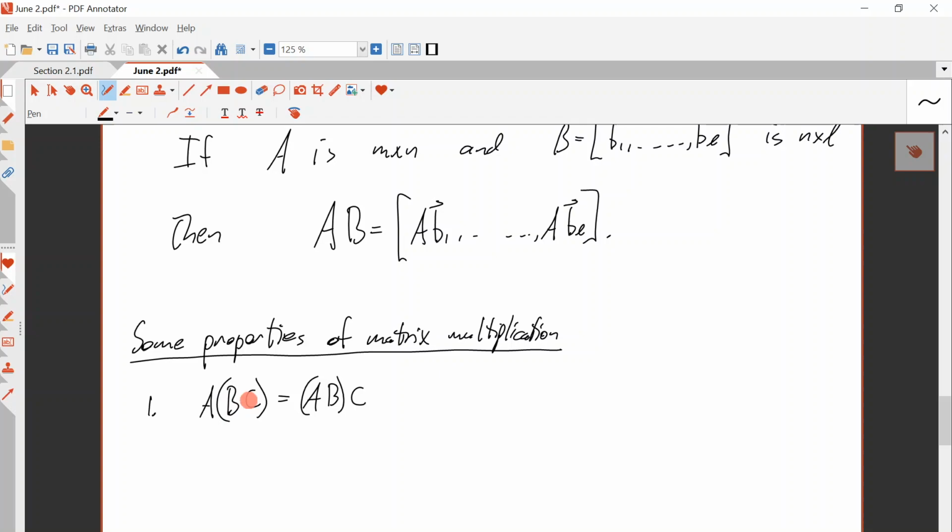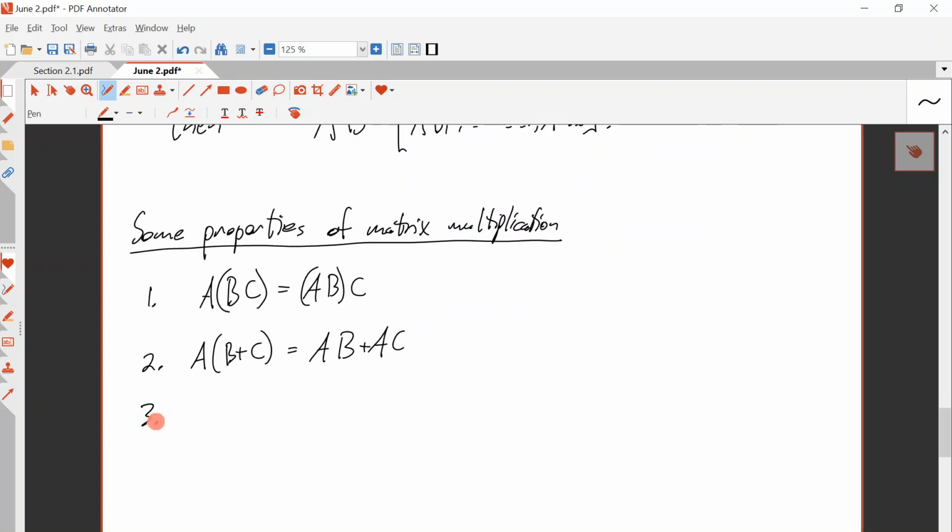You can take the product of B and C first and then multiply by A on the left, or take the product of A and B first and multiply by C on the right. Matrix multiplication and matrix addition, well, things distribute. They distribute on the left and they distribute on the right. Now, why am I making a big deal about distribution on the left as opposed to distribution on the right? You'll see in a moment.